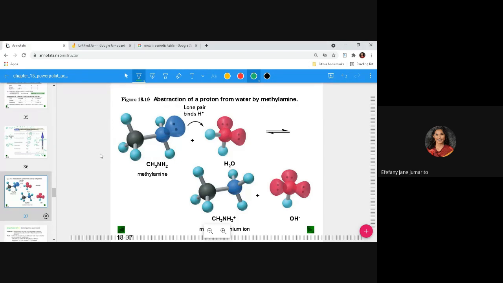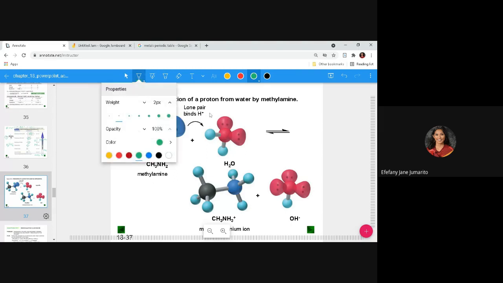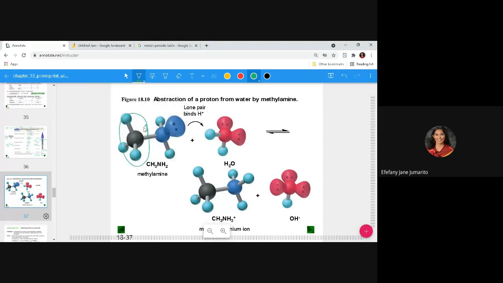Now we know that a base accepts a proton. If you have methylamine, you have the R group, then your nitrogen and then your two hydrogens. Because of this lone pair, it is basic.